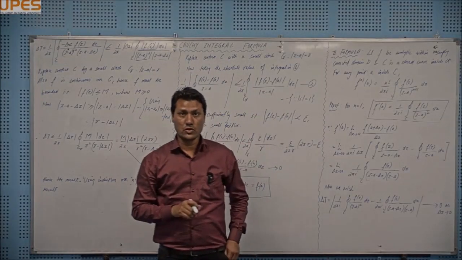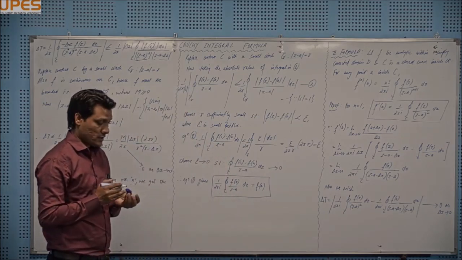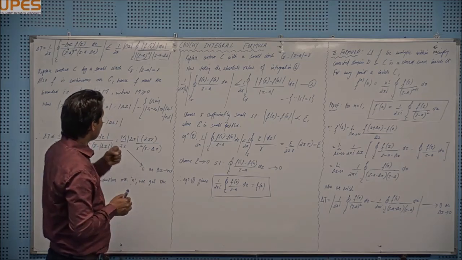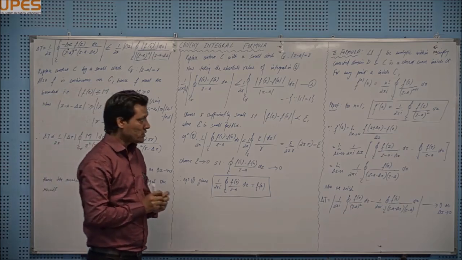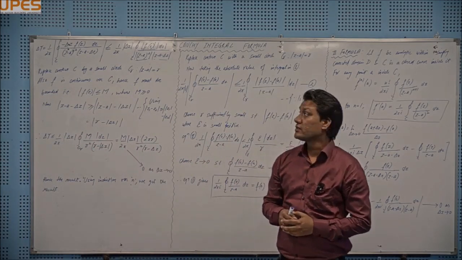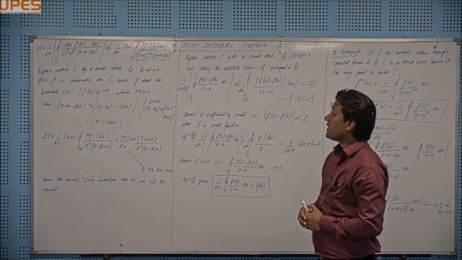So these are the two Cauchy integral formulas, and again I am repeating that this formula tells us that the value of an analytic function at a point inside a closed curve C is given by the values of the function at the boundary points. This indicates the rigidity behavior of an analytic function.